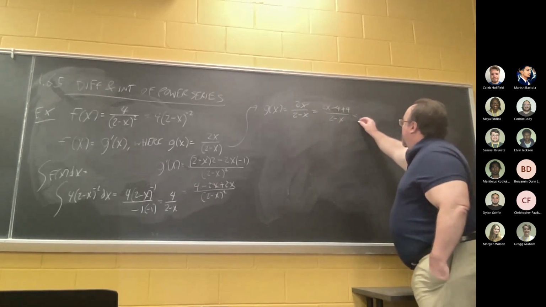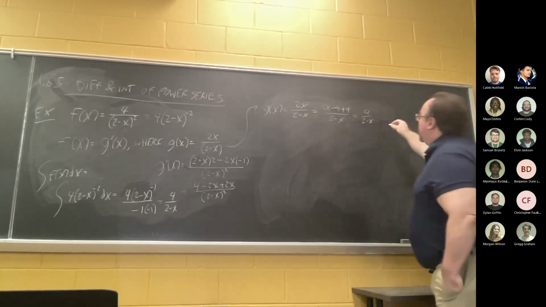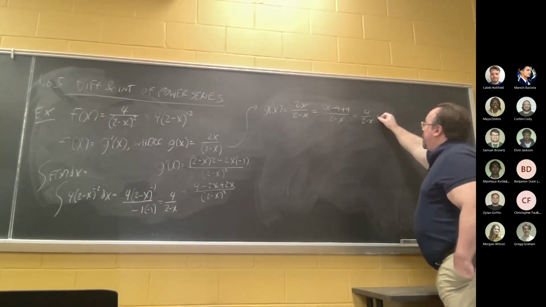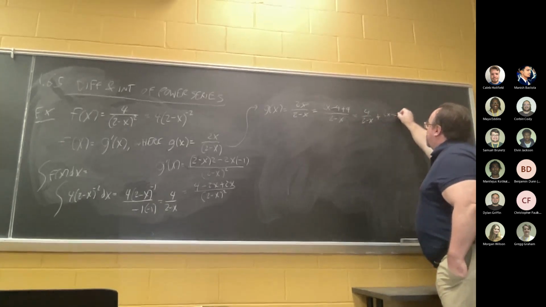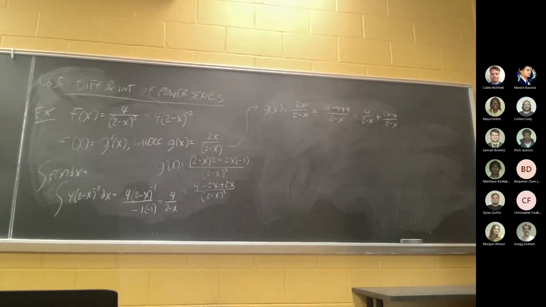So I write the 4 over 2 minus x, and then what's left is plus 2x minus 4 over 2 minus x.